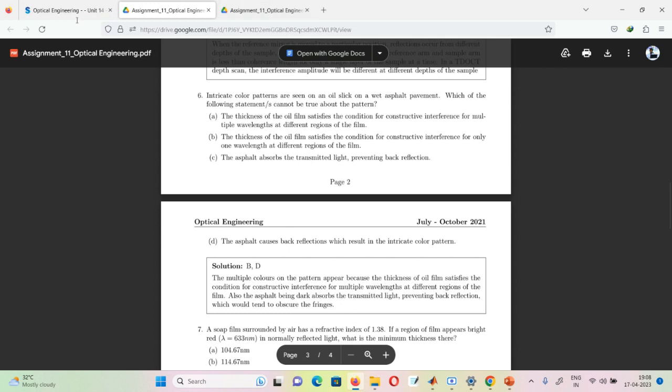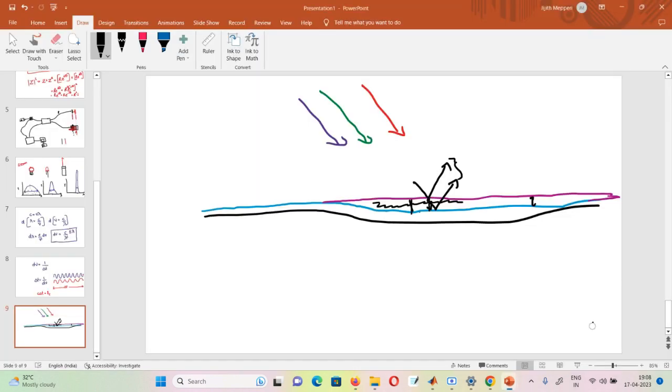What happens if there's a back reflection? The color pattern will not be that good. Just think that this is not a road, this is something white. If it is something white, what will happen?